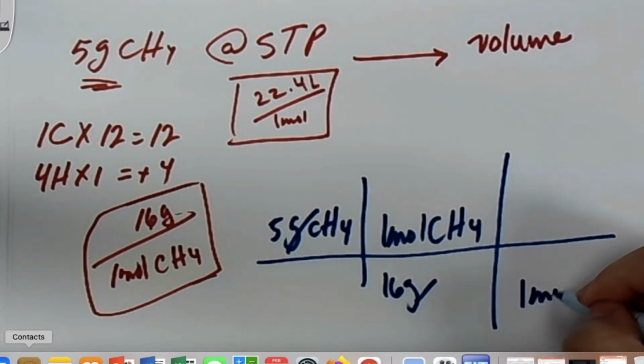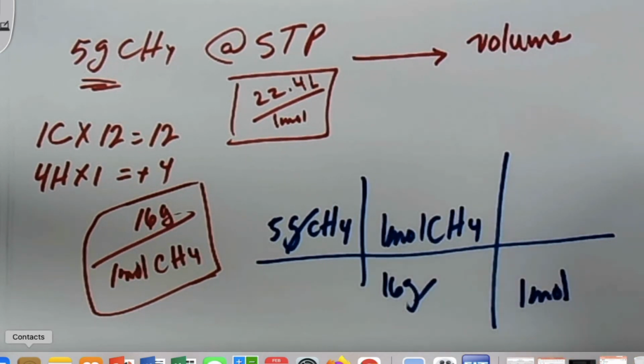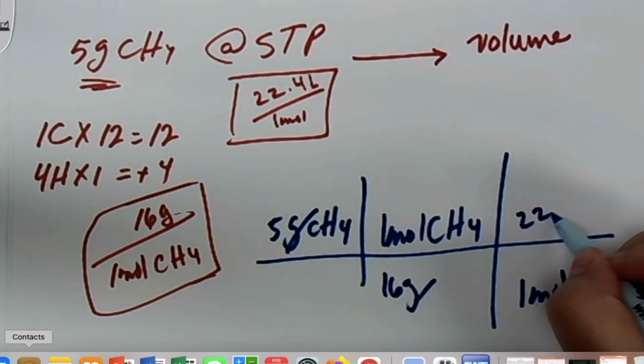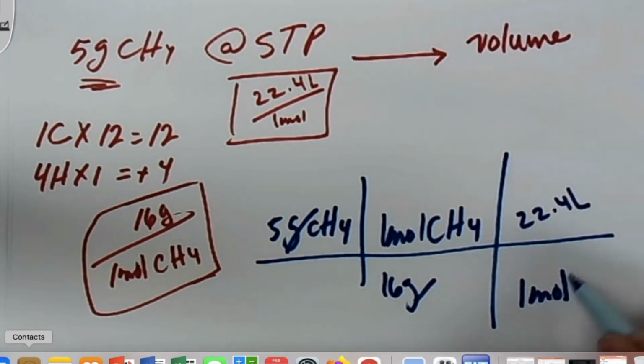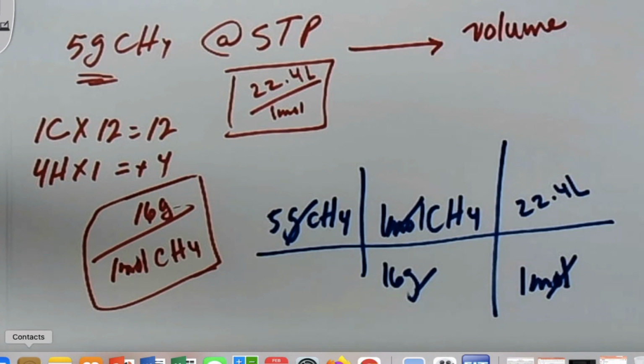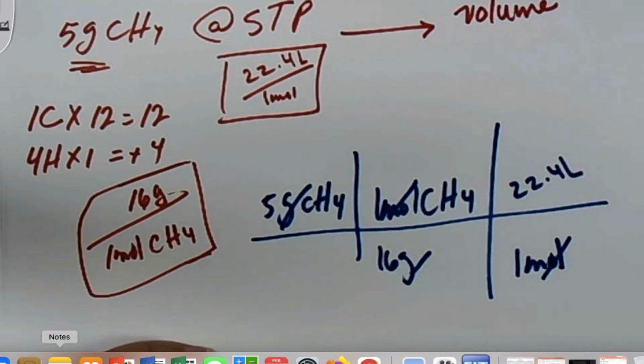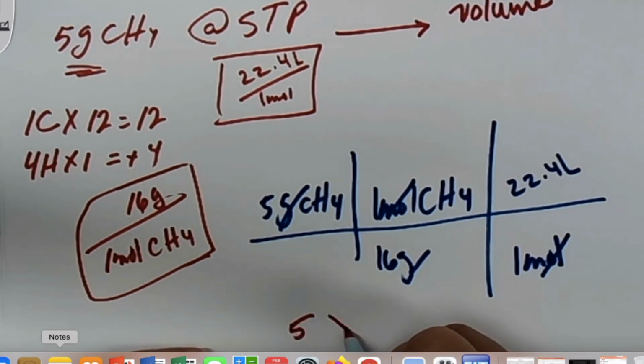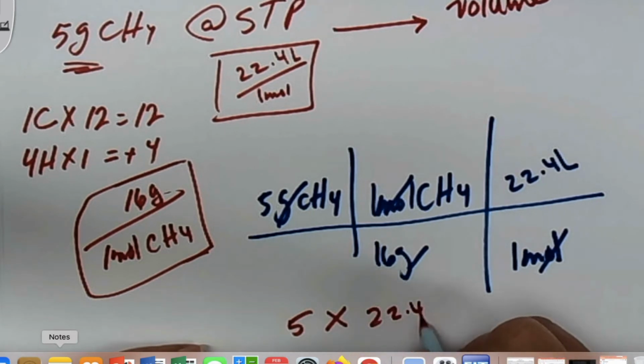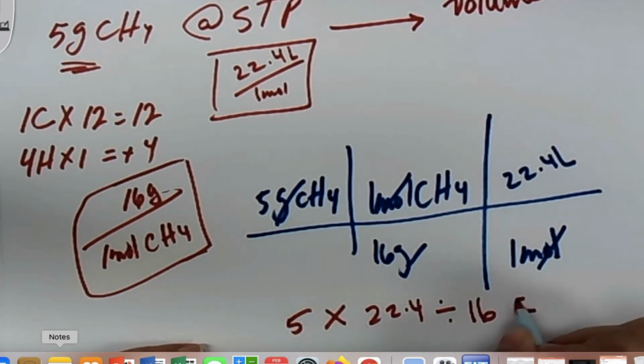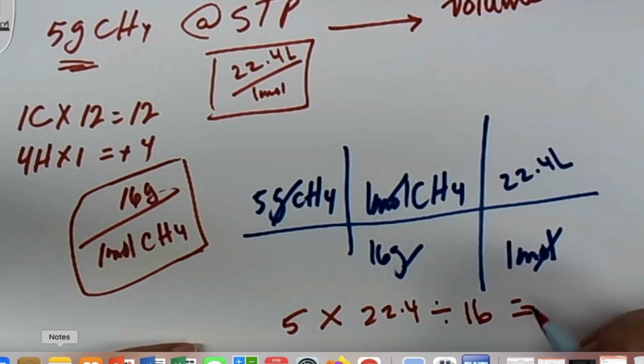And for every 1 mole, there is 22.4 liters. Moles cancel out. Multiply everything on top. So 5 times 22.4 divided by 16 equals 7 liters of CH4.